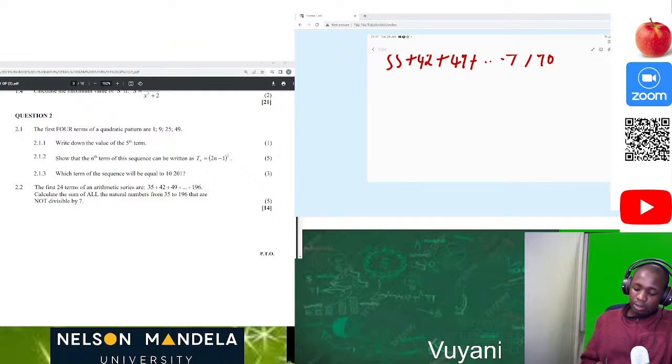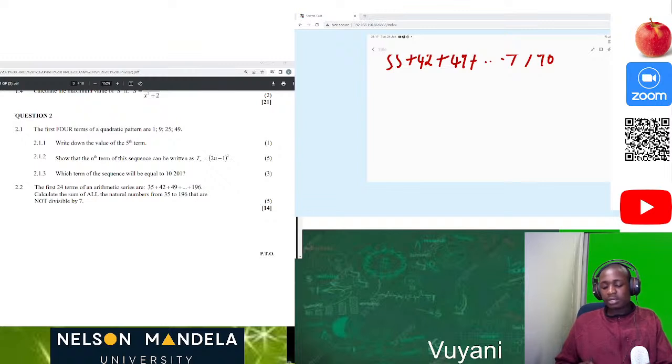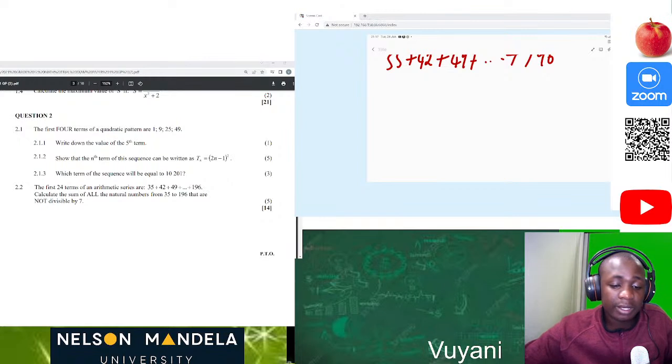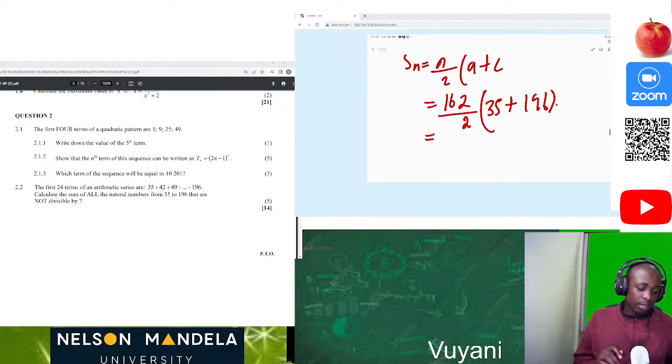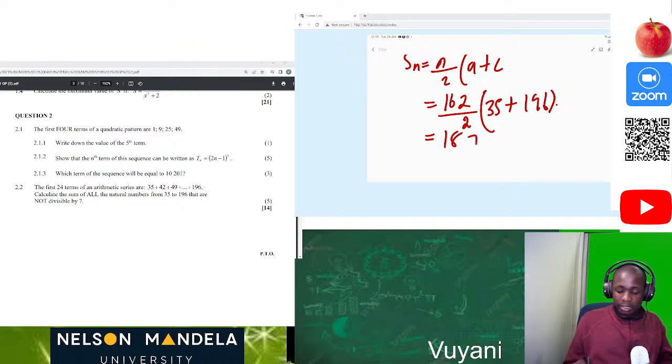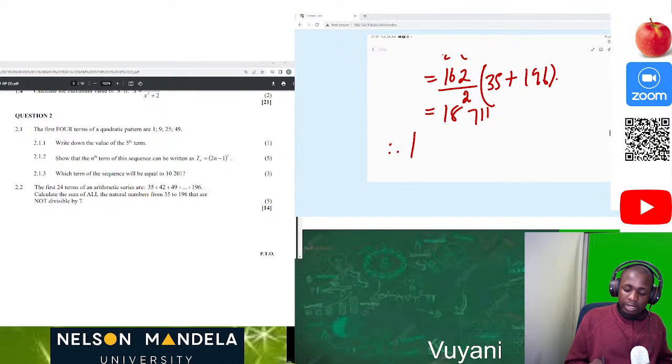Then we use our calculator. 162 divided by 2 is 81, times (35 plus 196). With our calculators, we get 18,711.